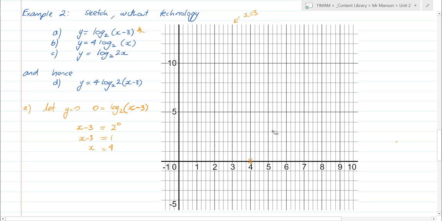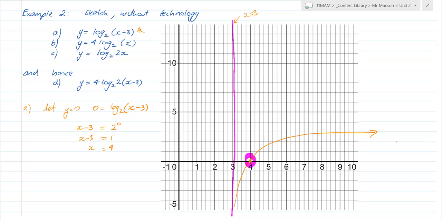It's not x plus 3, it's x minus 3. So when x equals 11, so it's over here. So I know it looks something like this. I could find another point, but that's basically my asymptote. Realistically, the main thing you need are the x and y intercepts and the asymptote of the function.